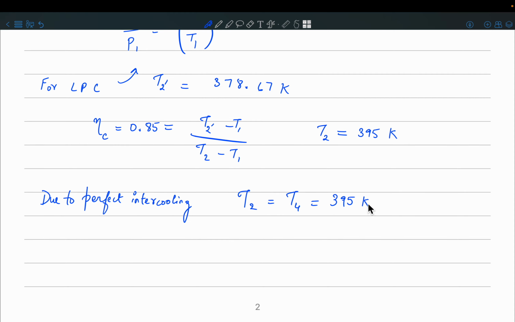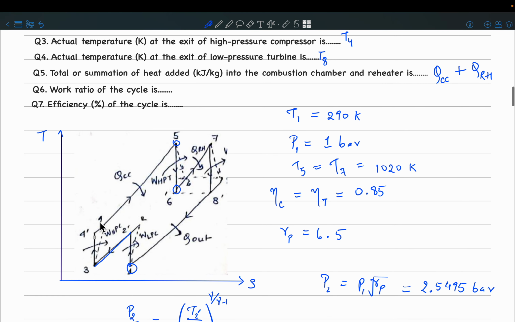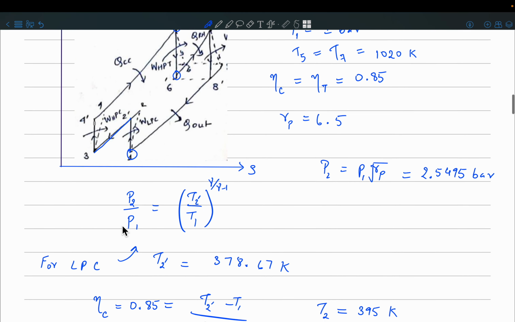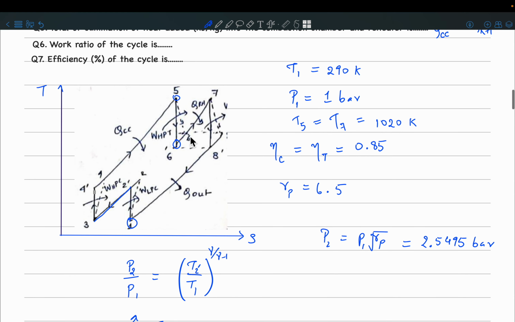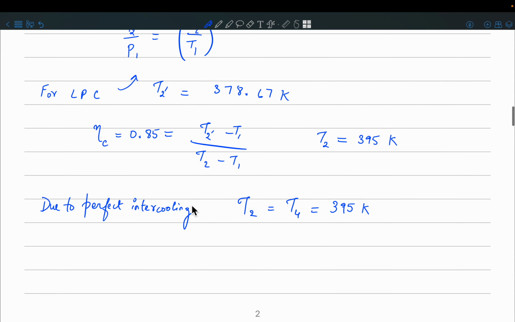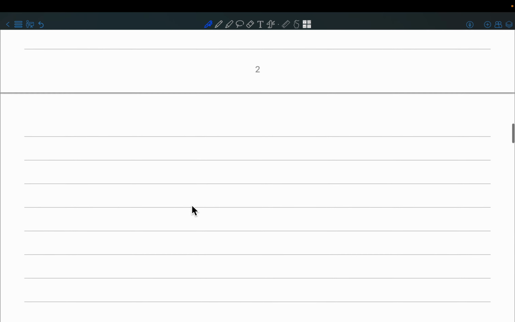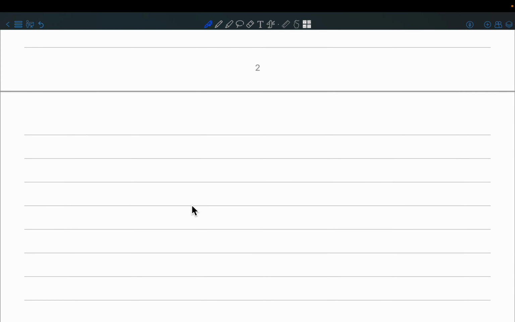Okay, so now the next task is to solve for the combustion chamber, and also we need to solve for the turbine. So we know that the work for a compressor comes from the work that is done by the turbine, right? So what is the work for compressor?